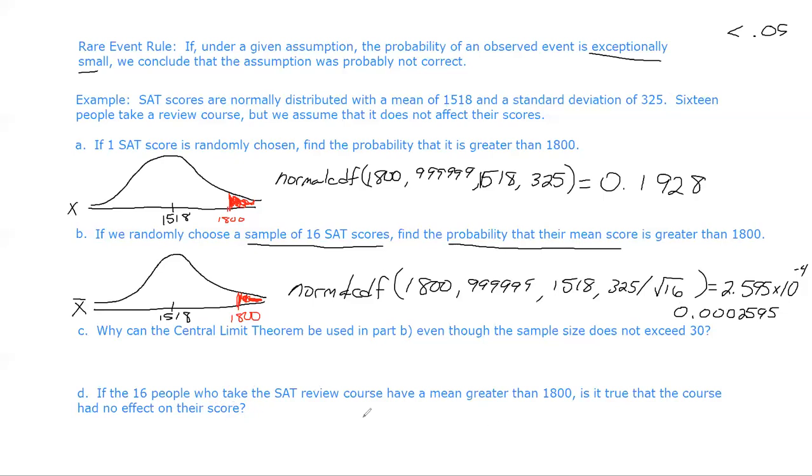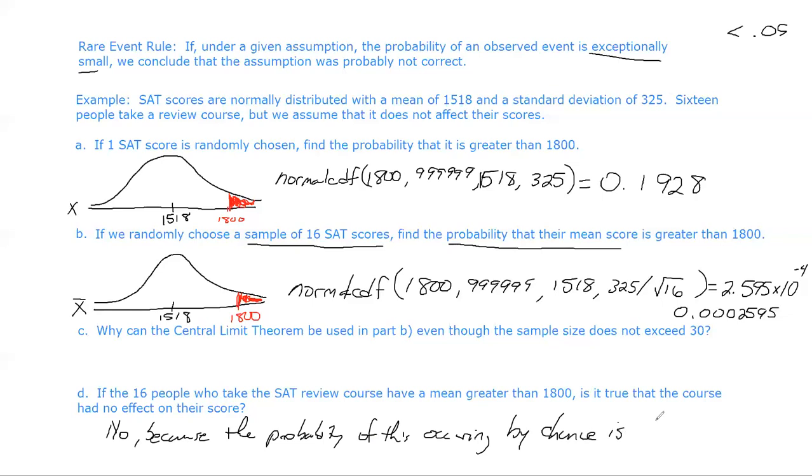So is it true that the course had no effect on their score? No. Because the probability of this occurring by chance, please excuse my handwriting, this occurring by chance is less than 0.05.